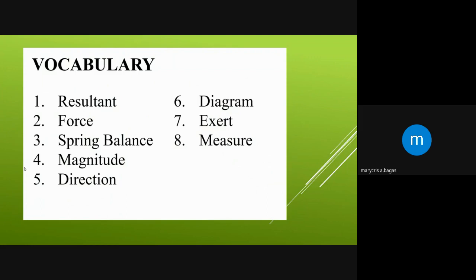Number five, direction. Number six, diagram. Number seven, exert. And number eight, measure. Okay, so you've already copied this one last week on your science notebook, right?